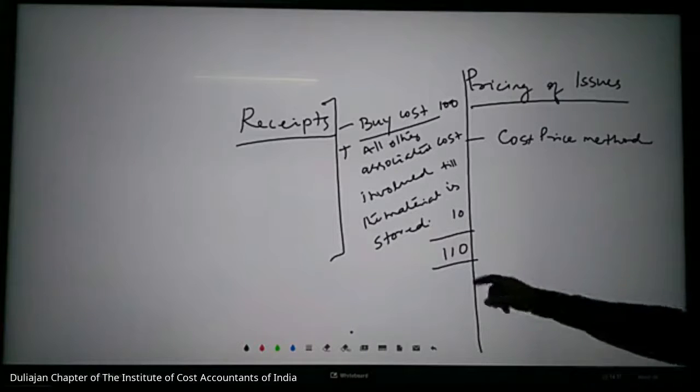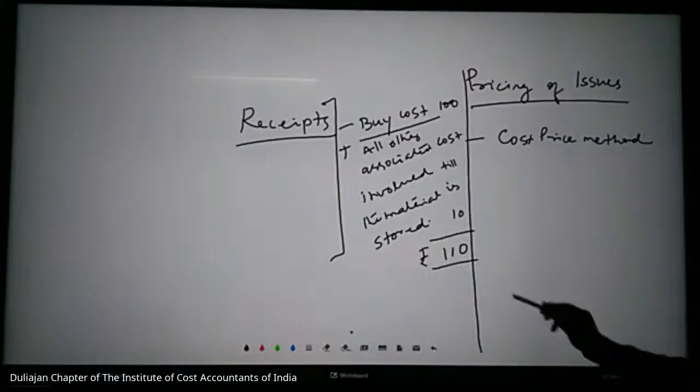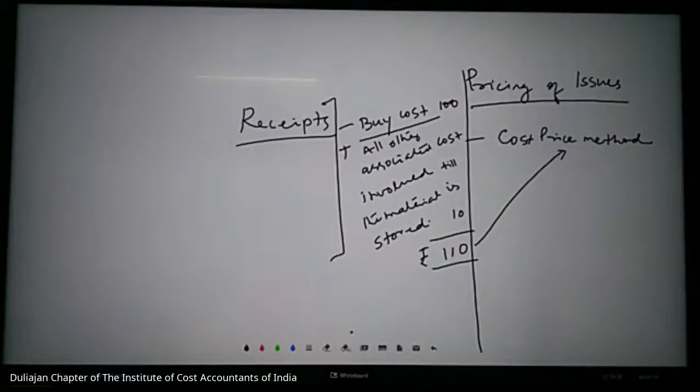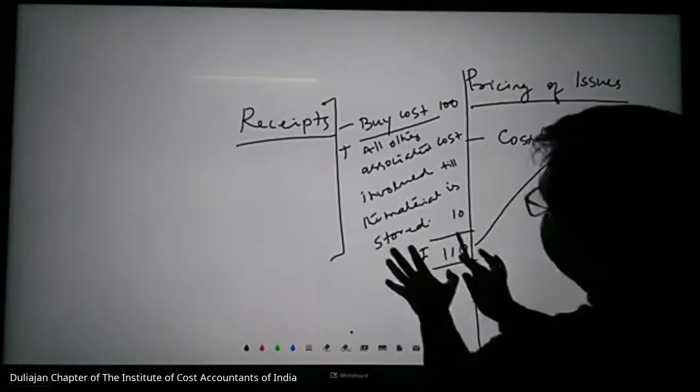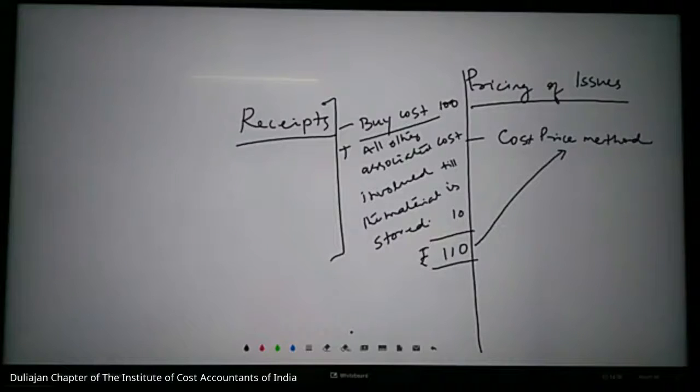If I purchase at rupees 110 per unit, now I have to charge at 110 only. This is the cost method. At what price I purchased, the same price I am going to issue the items to the product.